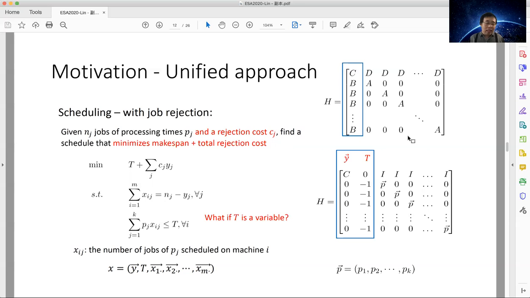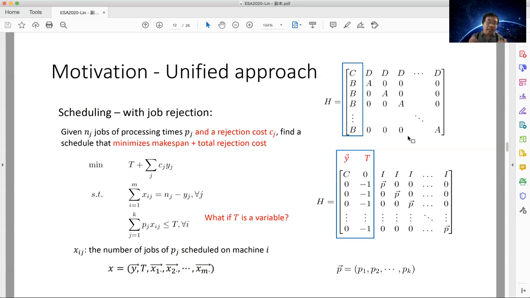To model this problem, let's introduce natural variables y_j to represent the number of jobs of processing time p_j that we reject. Now a straightforward formulation gives us this kind of constraint, where in the first set of constraints the total number of jobs is no longer n_j, but n_j minus y_j. Everything else follows directly.